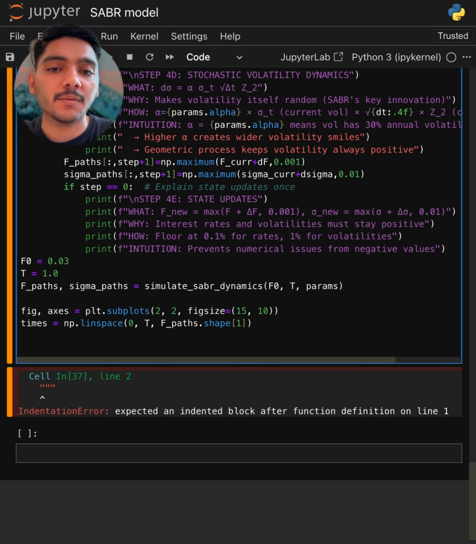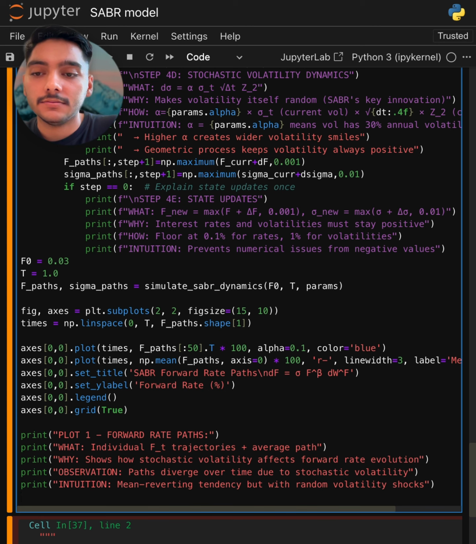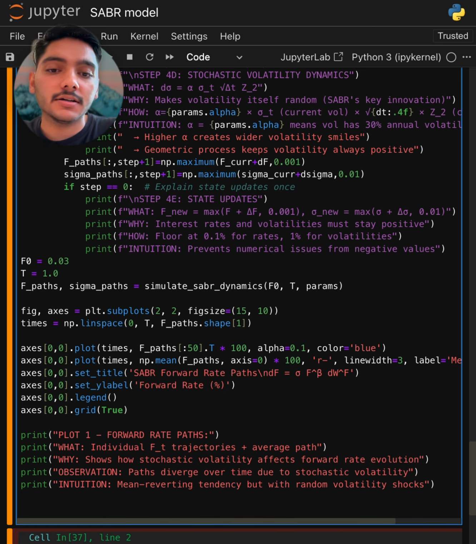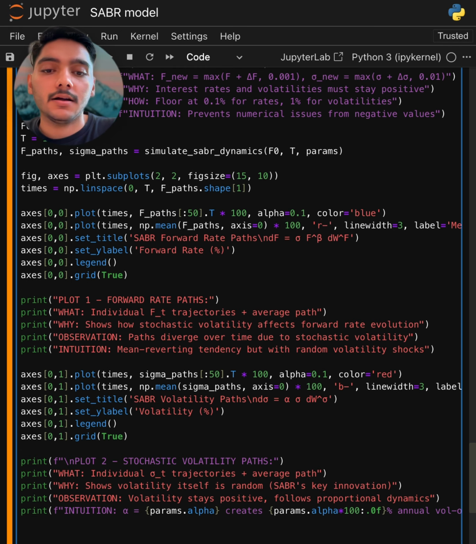I'm writing the code of plot 1, which will show the forward rate path, show how f evolves under SABR dynamics, and demonstrate stochastic volatility effects on forward rates. Plot 2 will show the volatility paths, show how sigma evolves as geometric Brownian motion, and demonstrate volatility effects and positivity constraints.